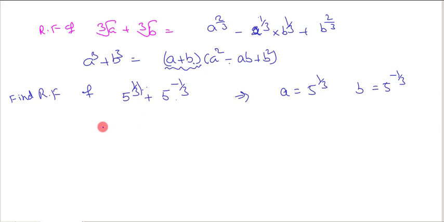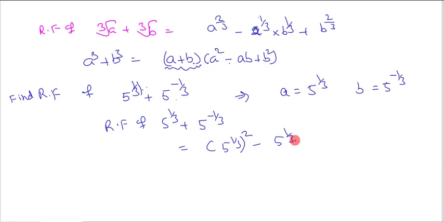In a similar manner, if you take the rationalizing factor of 5 to the power of 1 by 3 plus 5 to the power of minus 1 by 3, you get 5 to the power of 1 by 3 whole square minus 5 to the power of 1 by 3 into 5 to the power of minus 1 by 3 plus 5 to the power of minus 1 by 3 whole square.